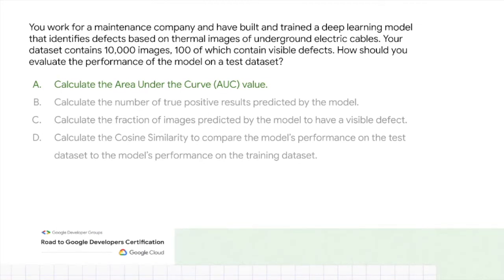So in most cases, especially in research, if you have read a couple of papers, we practically always have AUC reported simply because it's not affected by the class distribution.